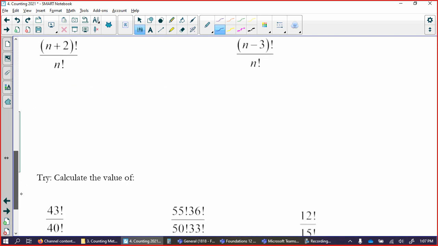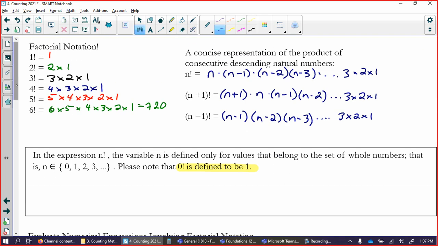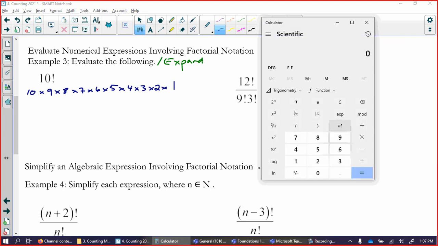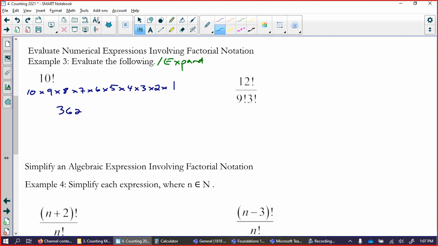I don't care about calculating. I can just pull up my handy dandy calculator. 10 factorial is 3,628,800. That's what that would equal. I honestly am not all that concerned with it.